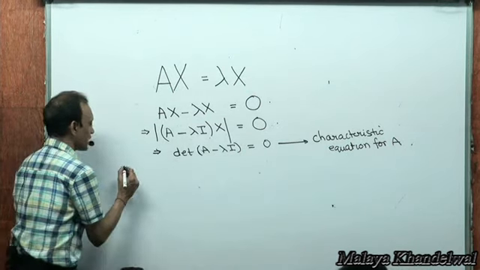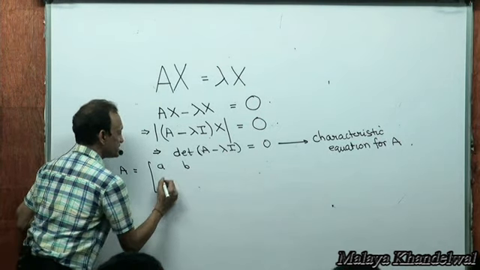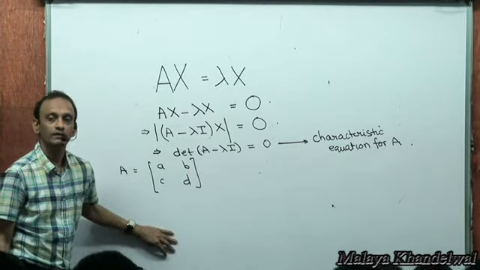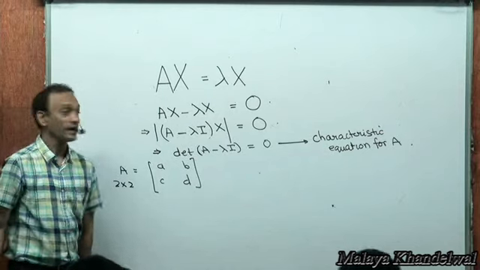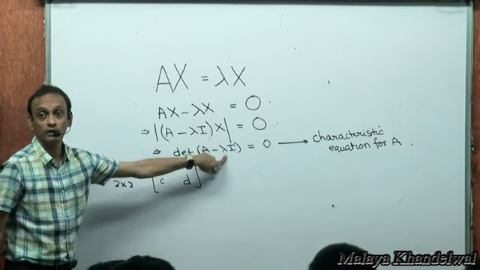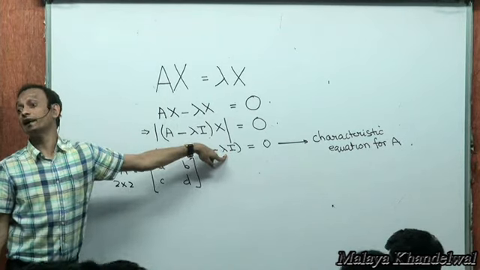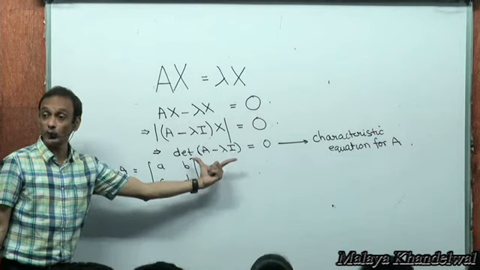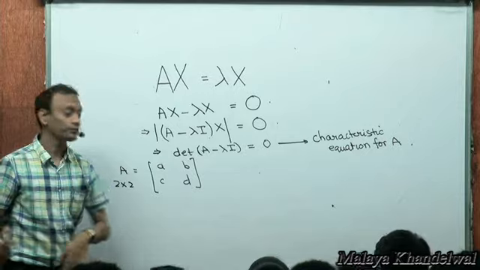Suppose I have a matrix A which is A, B, C, D, a 2 by 2 matrix, and I want to find lambda. Lambda is called a characteristic root of A. This equation is the characteristic equation for A.